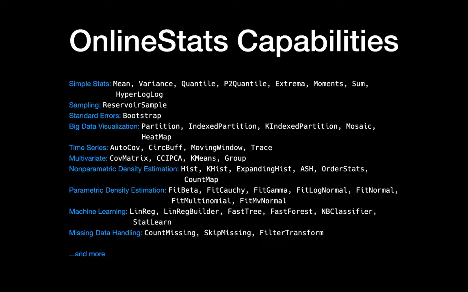Now there's a whole lot of things in there that go over a lot of different fields inside of statistics. We won't have time to talk about most of these things. I'm going to focus on some of the data visualization parts. But if you're curious, go check out the OnlineStats documentation. It's pretty thorough, and there are a lot of examples in there.